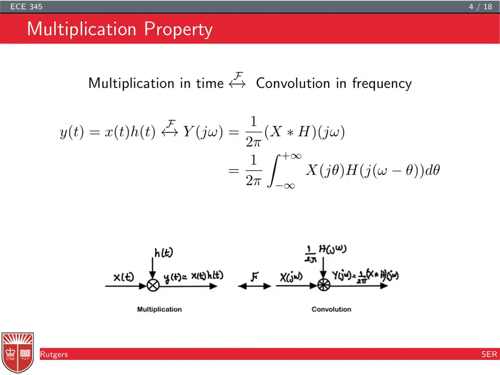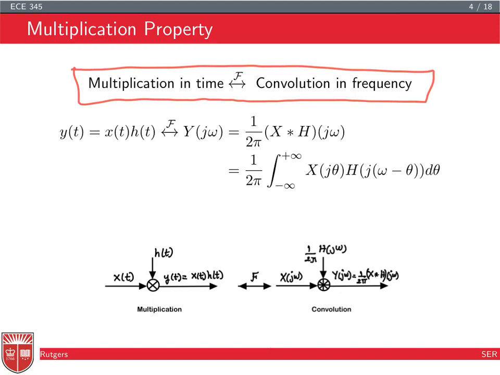Now, since we talked about duality in the previous lecture, what is the dual property here? The dual property is the multiplication property, which says that multiplication in the time domain is convolution in the frequency domain, with one caveat: you have a factor of 1 over 2 pi.